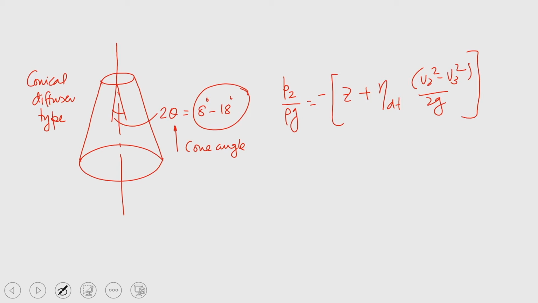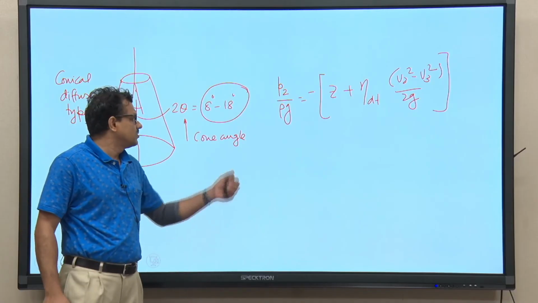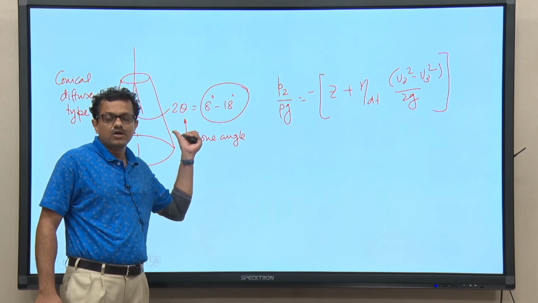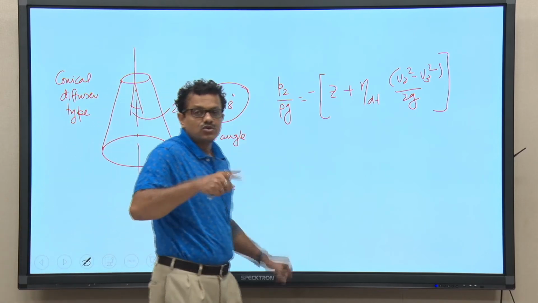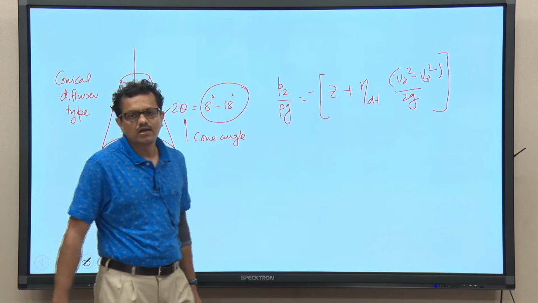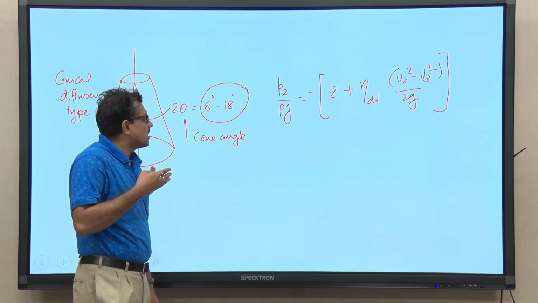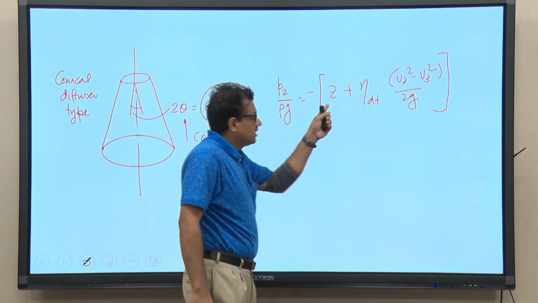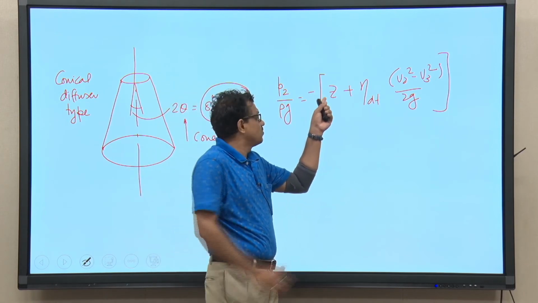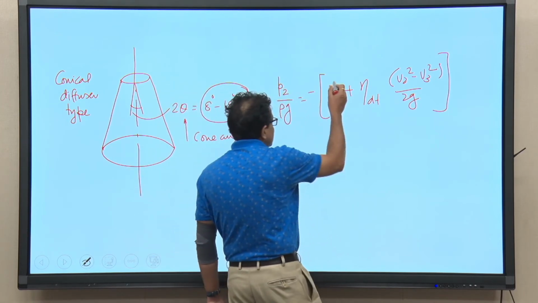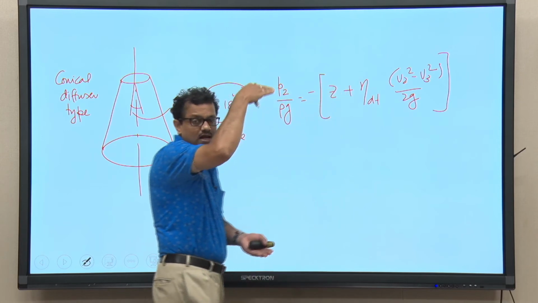So, the endeavor of the designer should be to design the draft tube taking those two issues into account. So, the criteria are it should not be too large. So, if Z is high, it should be too large.